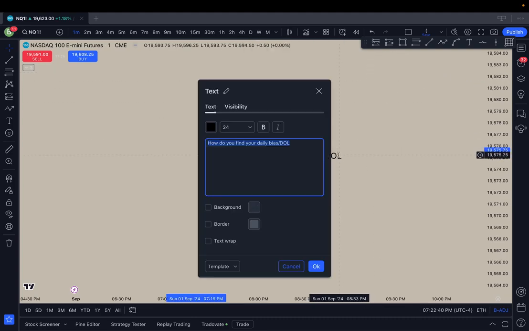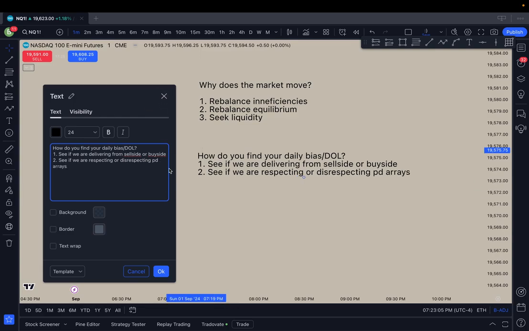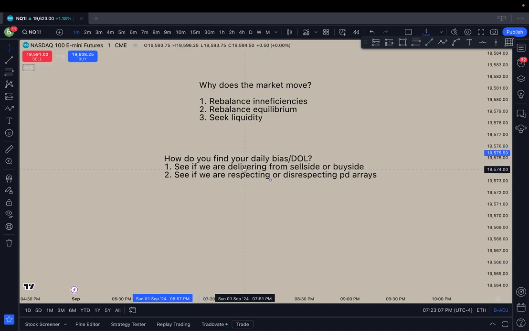Number one, see if we are delivering from sell side to buy side. And number two, see if we are respecting or disrespecting PD arrays. Okay. Calm down, let me show you.